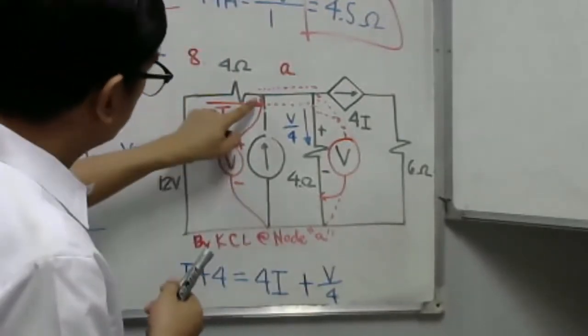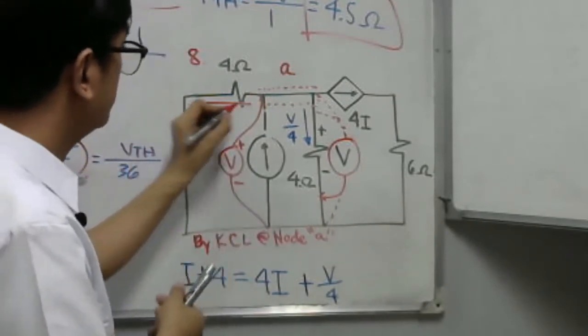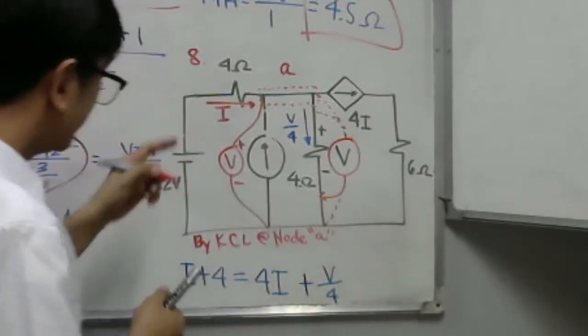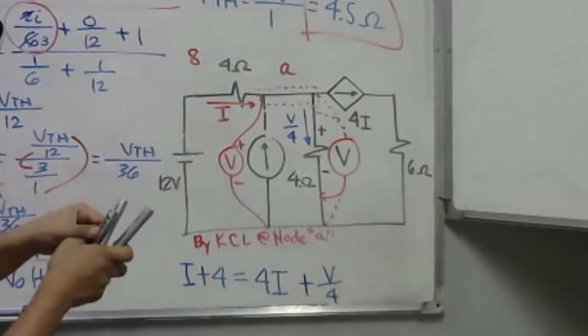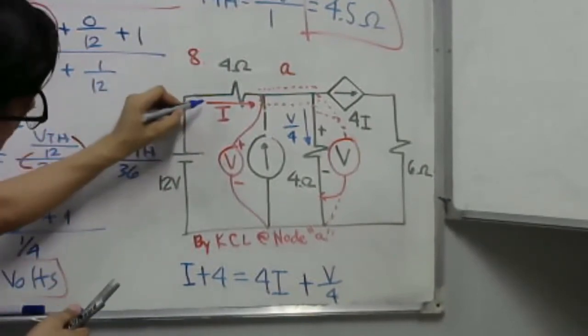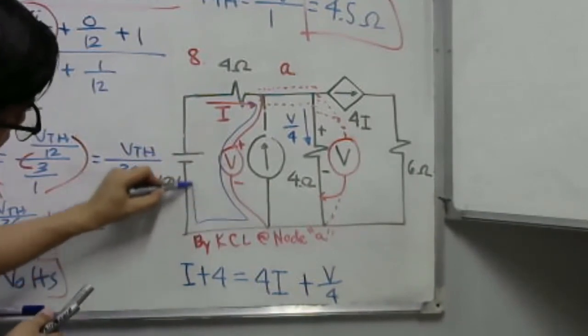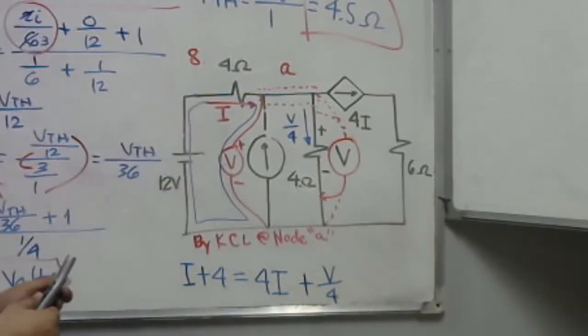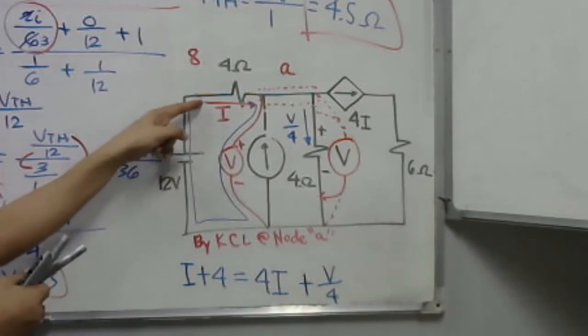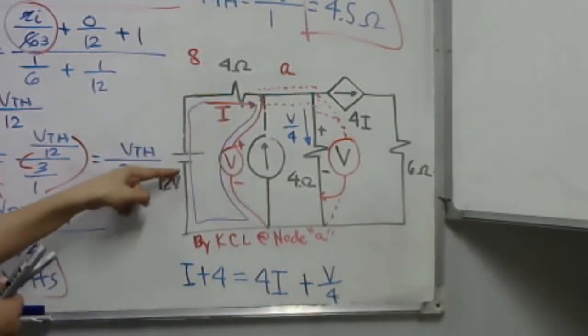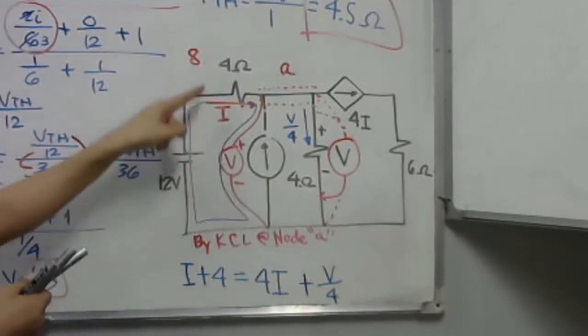We can make use of the let-it-flow method here to get the current I. Let it flow here. This current is going to the right. Remember, consider only one complete loop. What is now the equation for current I? That is equal to positive 12 minus V all over 4.